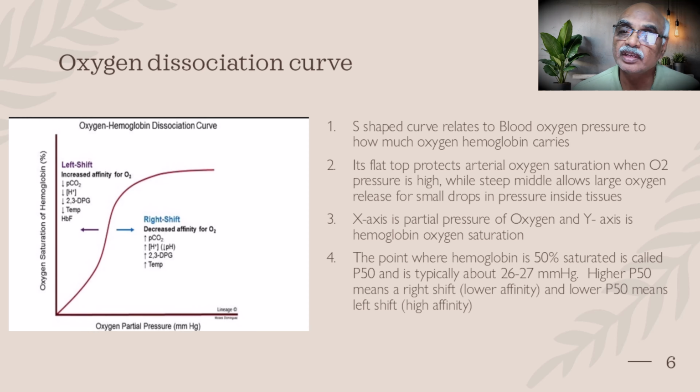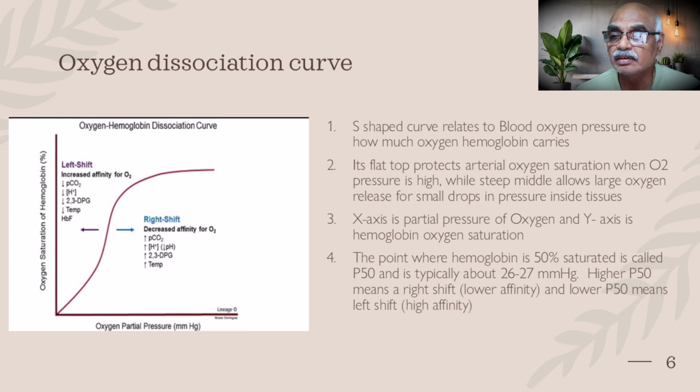Moreover, if the hemoglobin is staying in the horizontal phase, it is in an oxygenated state and it is not in a position to carry any more oxygen. So it has reached a steady state. The horizontal portion of the curve indicates the steady state of oxygenation of the hemoglobin.